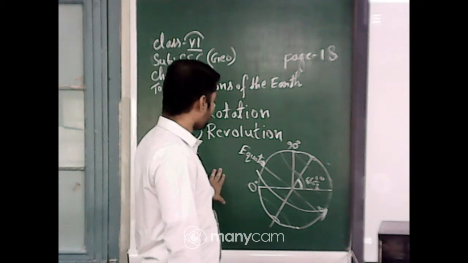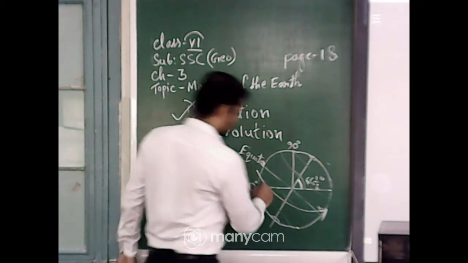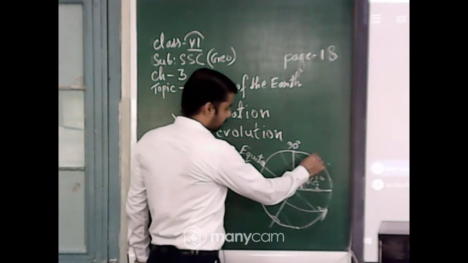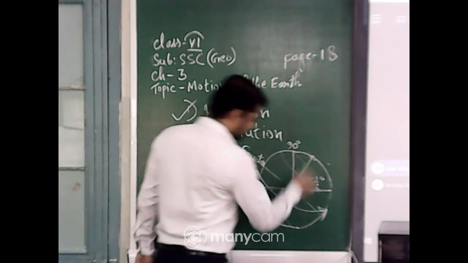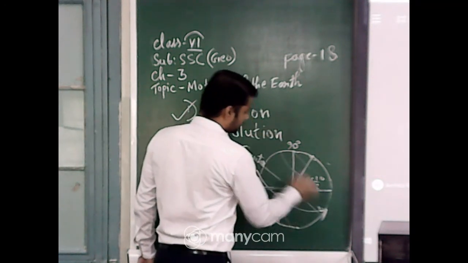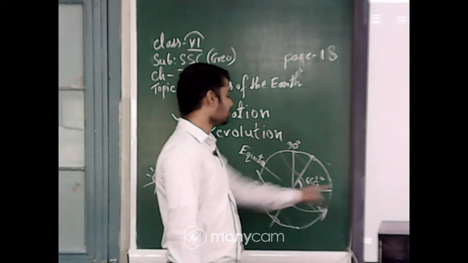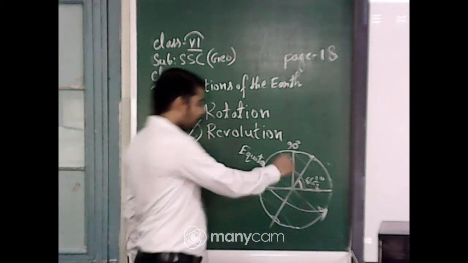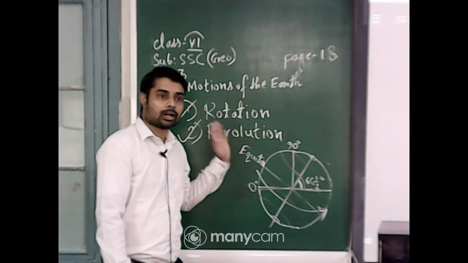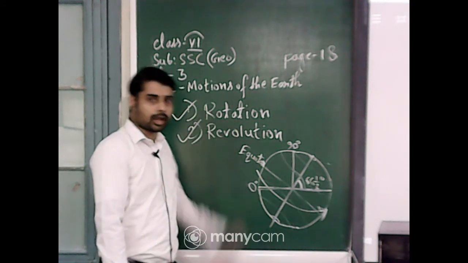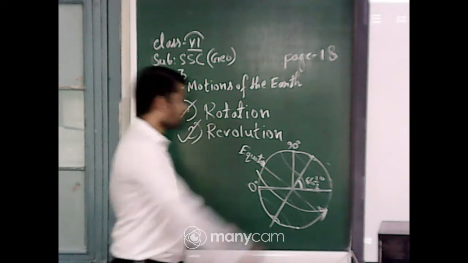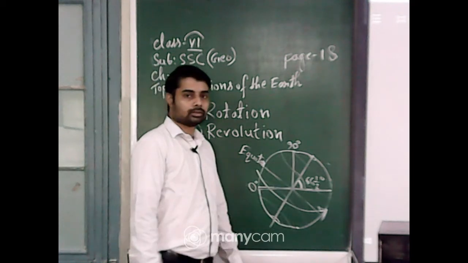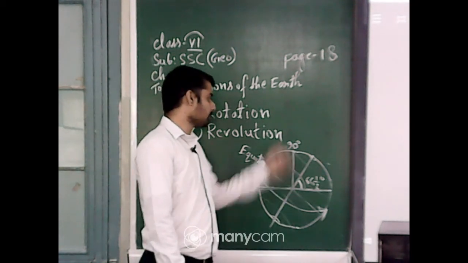Okay, now look at this. This is the orbital plane, this is the axis, and it creates a 66.5 degree angle with the orbital plane. In the previous class I mentioned that if you place your protractor, you can measure the North Pole and South Pole, that is 90 degrees.